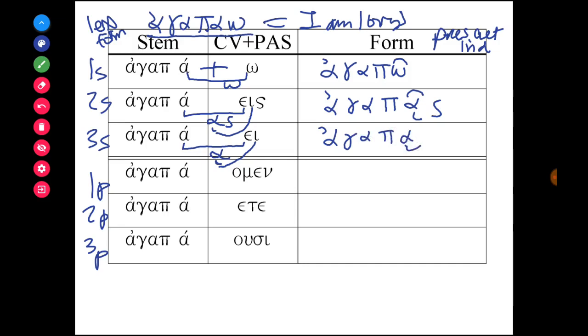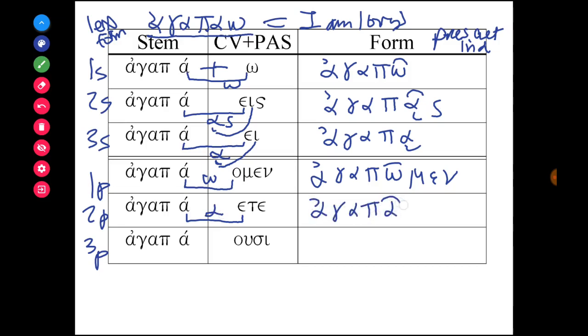To say we are loving, first person plural, alpha plus omicron is omega, so this is agapomen. Alpha plus epsilon for the second person plural is alpha, so this is agapate, you all are loving.